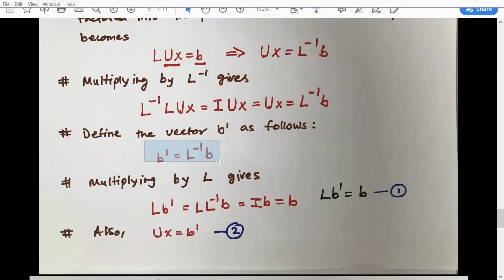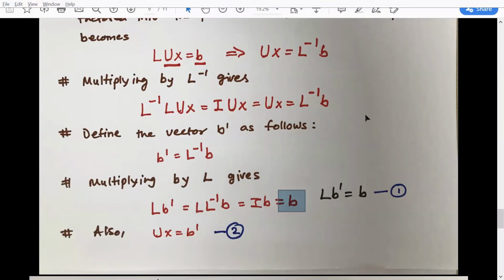So what we define is B dash. B dash is another coefficient, sort of, and if you multiply L by B dash and substitute B dash, you get the B matrix.